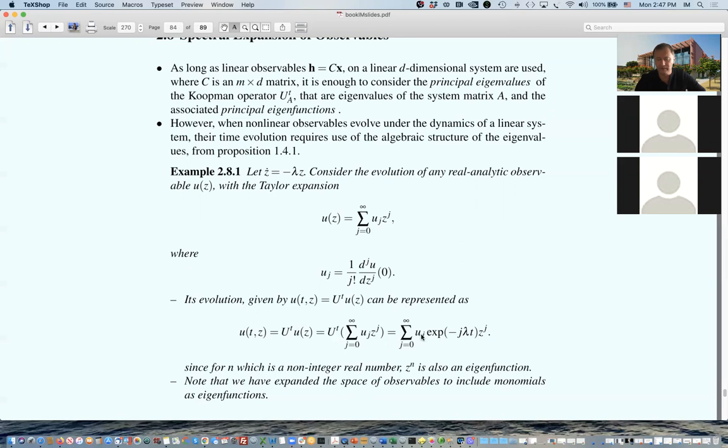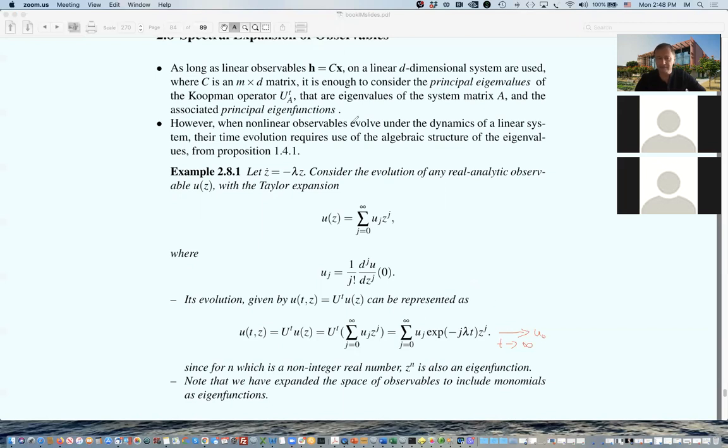So the limit when time goes to infinity is literally just u_0, right? So that goes to u_0 as time goes to infinity. And in fact, all these other terms, from j equal to 1 to infinity, they all exponentially decay to 0.